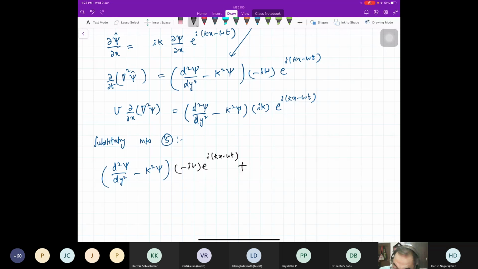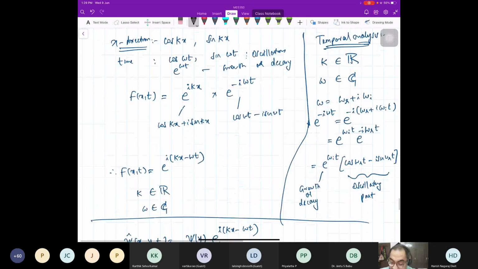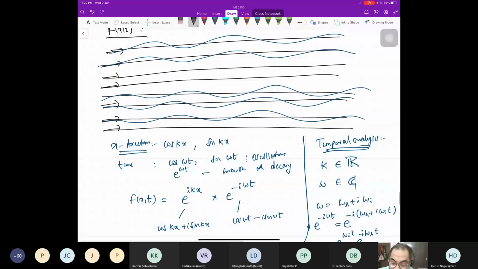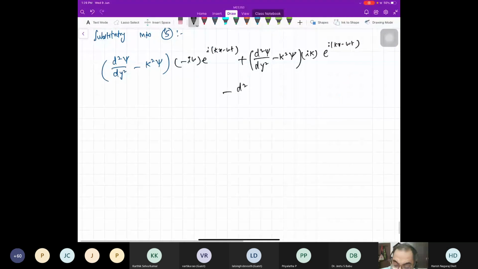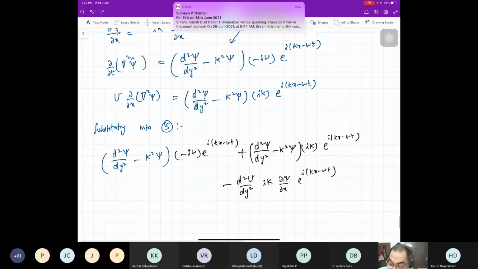The second term is d squared psi by dy squared minus k squared psi, times ik exponential of i(kx minus omega t). And then I need to deal with the last term, which is minus d squared u by dy squared times del psi hat by del x, that is ik psi e to the power i(kx minus omega t). This will be equal to 0.